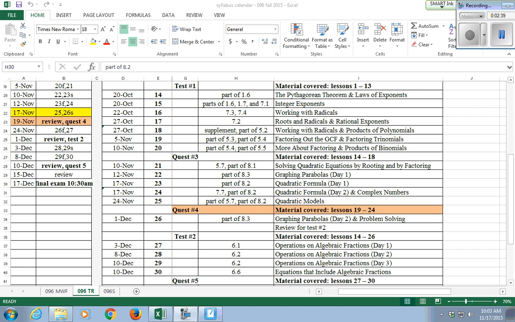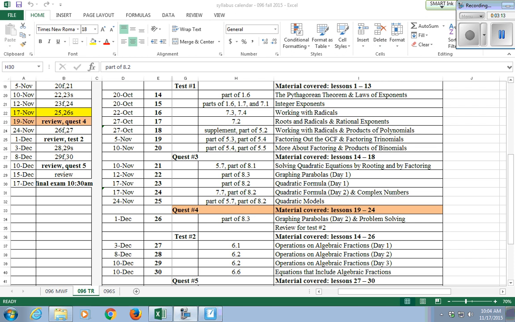So not the discriminant. You would be doing the box method, which is another word for factoring, or taking the square root of both sides. Either of those two, whatever works, just not the quadratic formula.